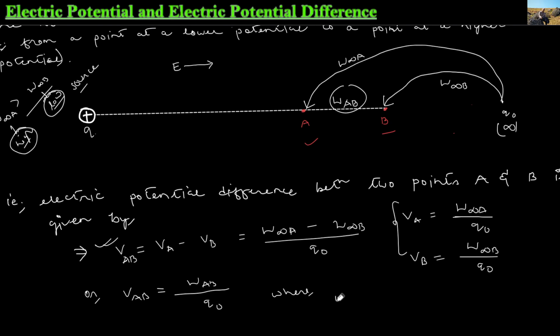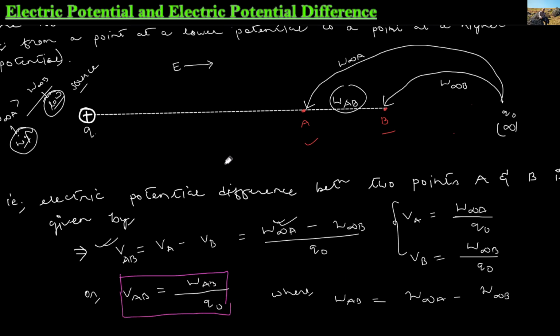This WAB is the work done between 2 points. This WAB will be equal to W infinity A minus W infinity B, if you take this expression. So this is the concept of electric potential difference.